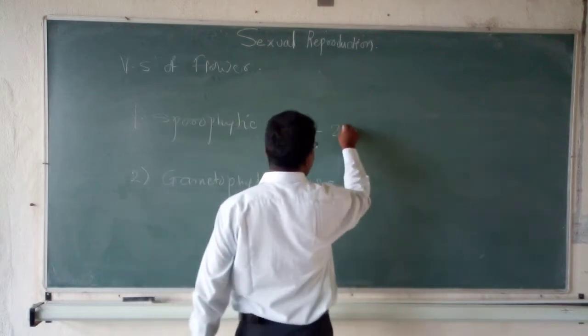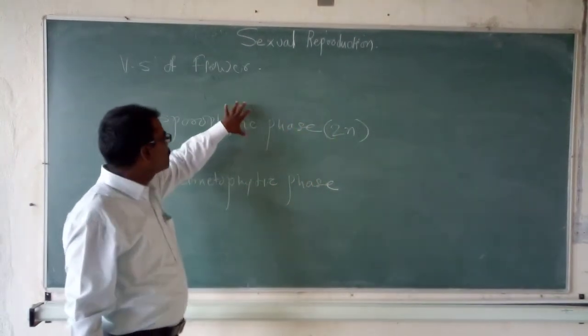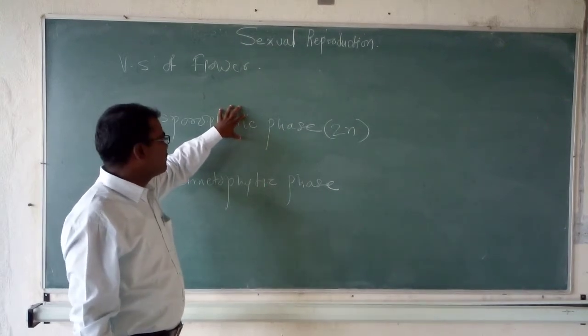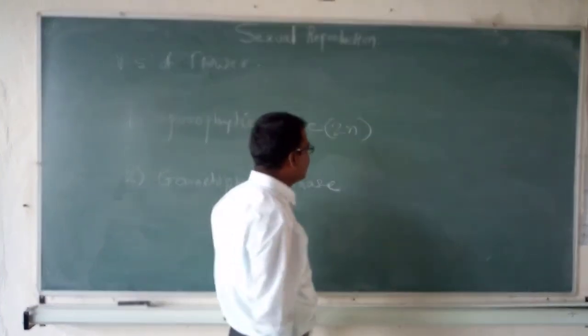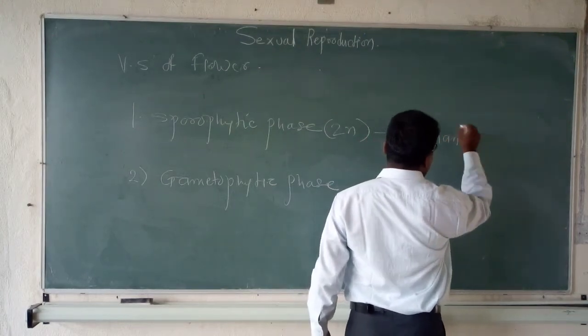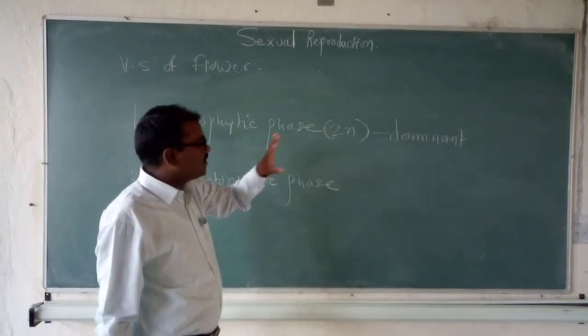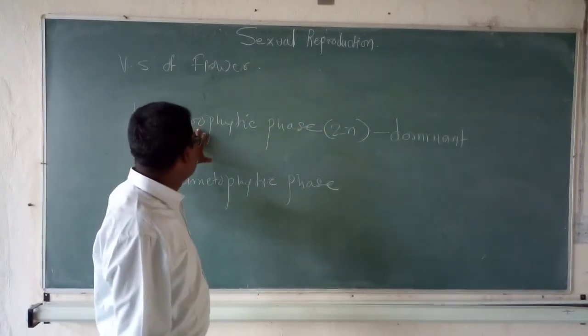The sporophytic phase is diploid, meaning 2n number of chromosomes. In plants, the sporophytic phase is diploid and dominant.